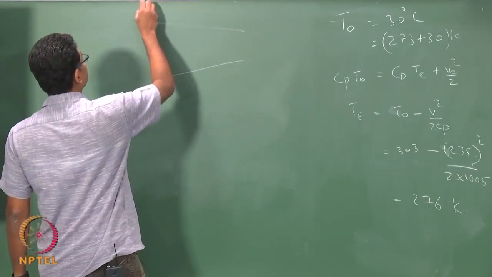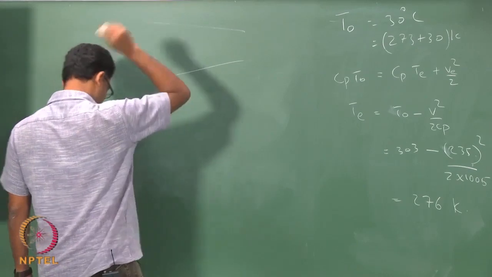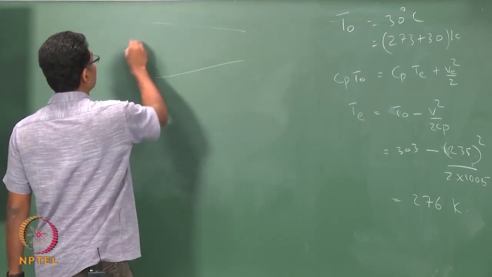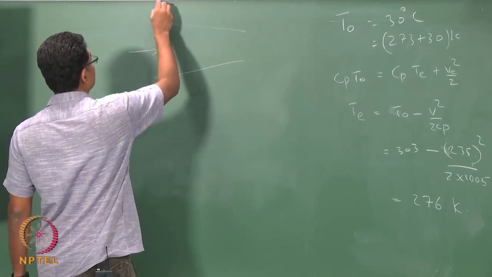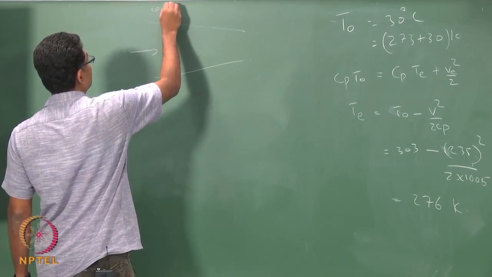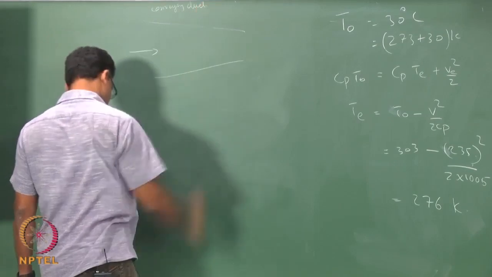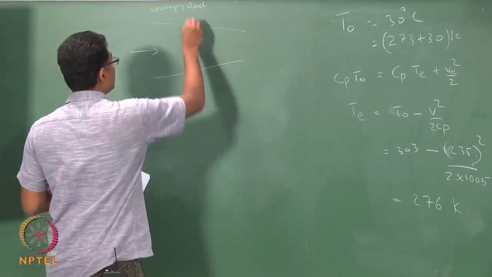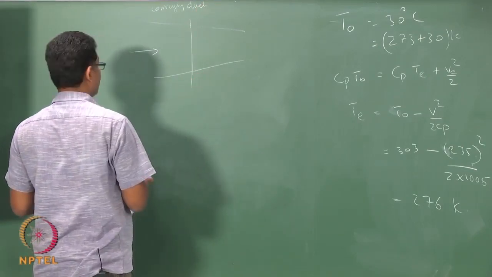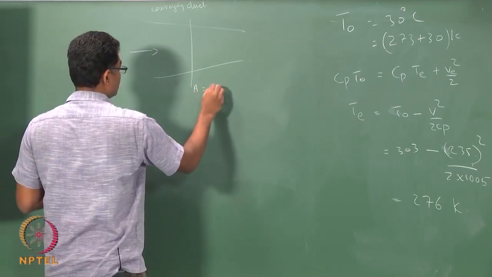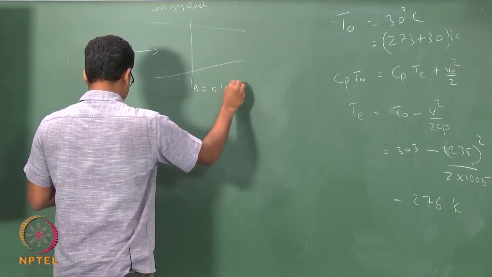So, I have a flow through a duct, a converging duct. The area at some location is 0.1 meter square.